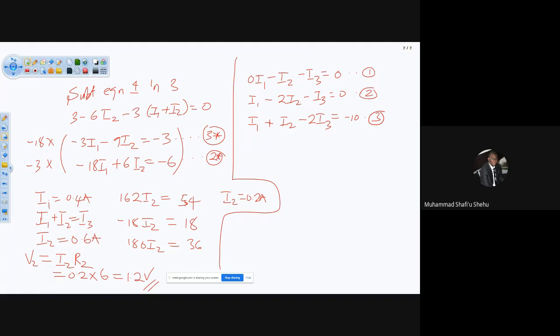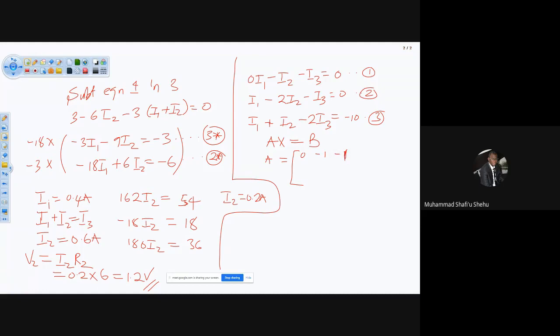Remember, this is the equation. It says AX equals to B, where A is our matrix, which is the coefficient of I in equation 1: 0, minus 1, and minus 1.